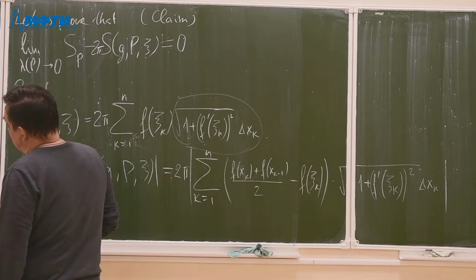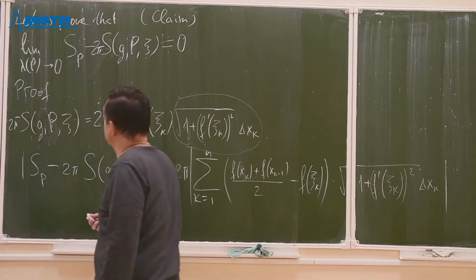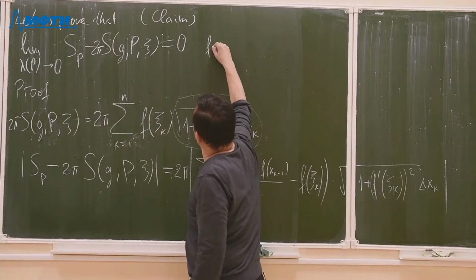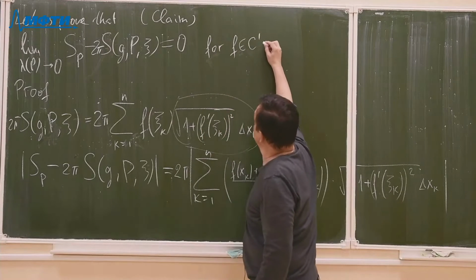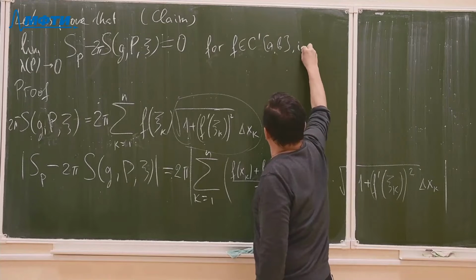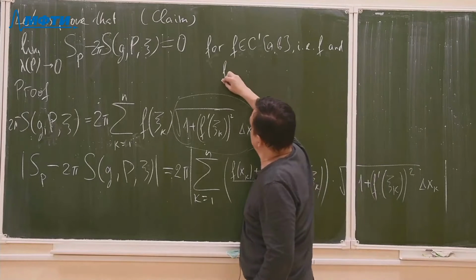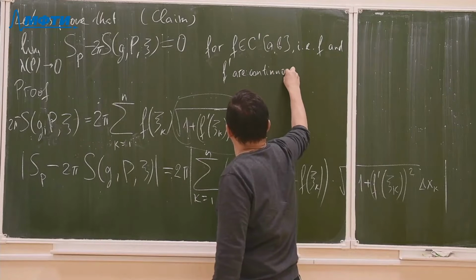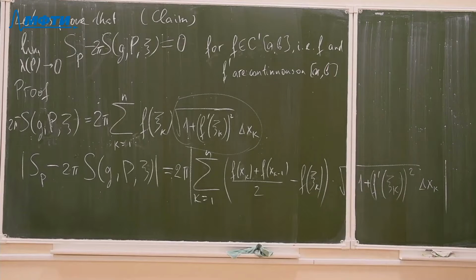Now, I want to estimate that difference, and let us suppose, this supposition should be given, of course, from the very beginning, that f belongs to C1 of AB, i.e. f and f prime are continuous on AB. So we'll prove it for continuously differentiable functions.